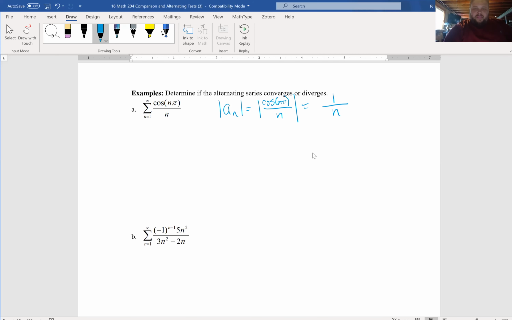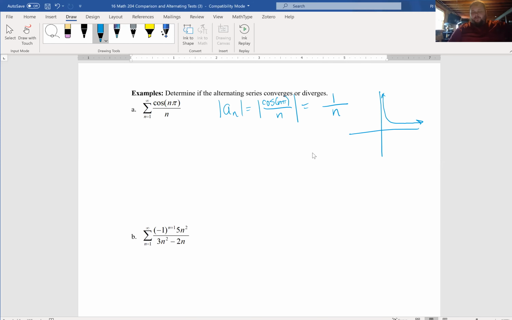So plot that function. So I go to my trusty calculator and I say, give me 1 over n. And I only care about the first quadrant, obviously, because n is 1 to infinity. And I get something that looks like this.